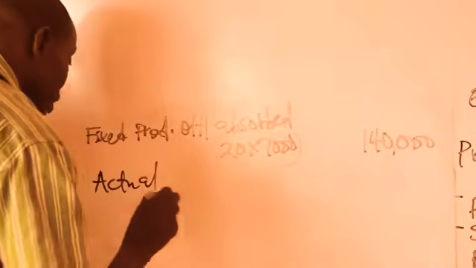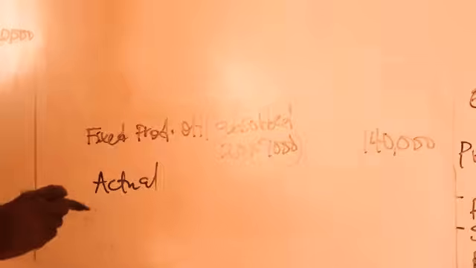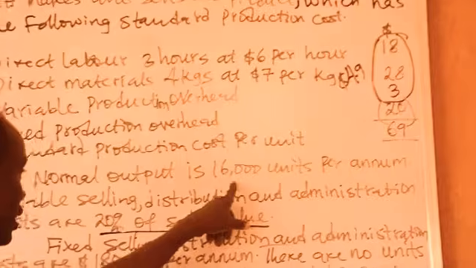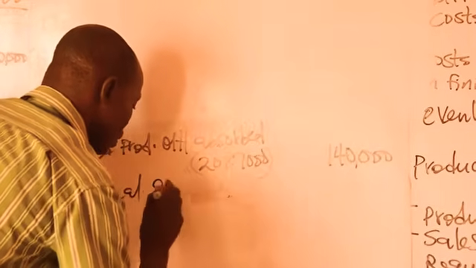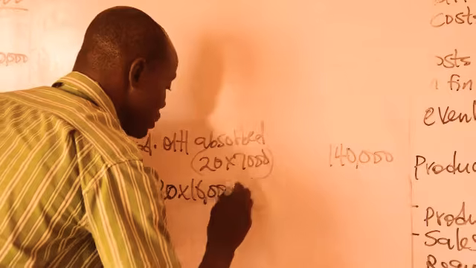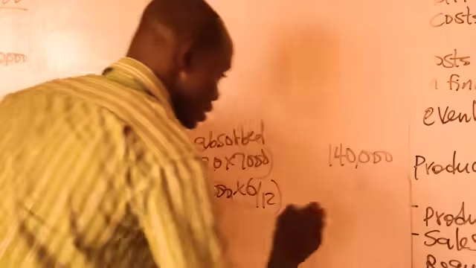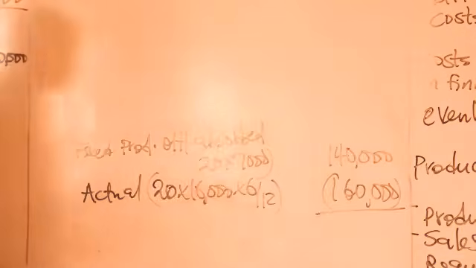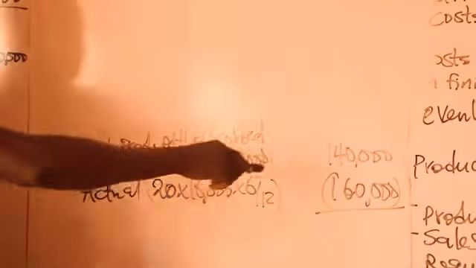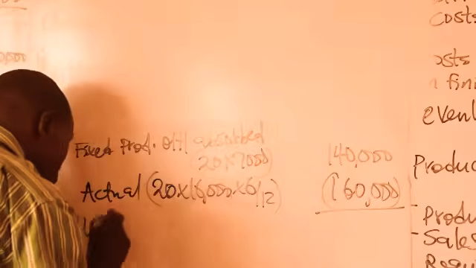The actual fixed production overheads for that 6 months ending is the rate 20 times 16,000, then for 6 months, that will be 160,000. The one absorbed is less than the actual. That means we have under absorption.